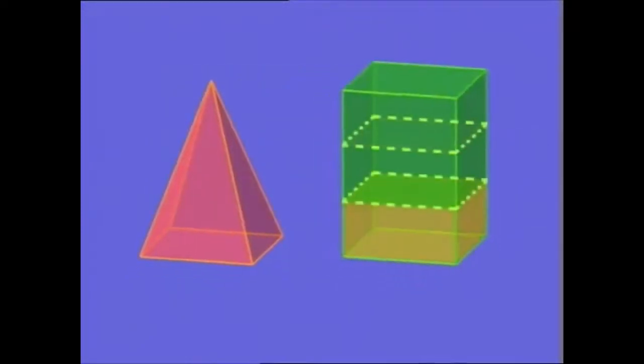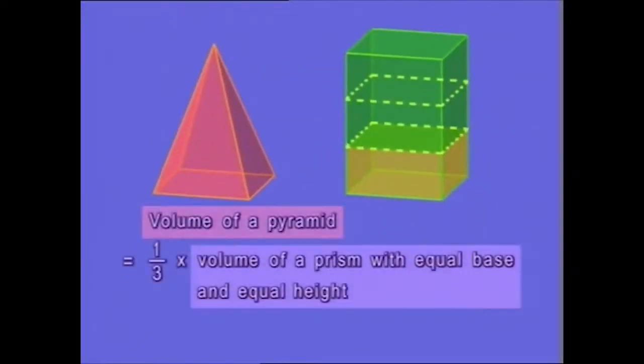So the relationship is the volume of a pyramid is equal to 1/3 of the volume of a prism with the same base and height.